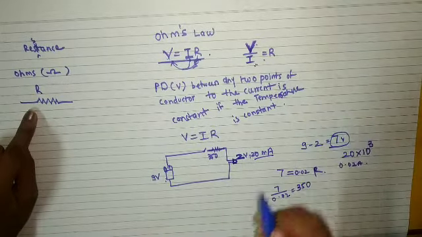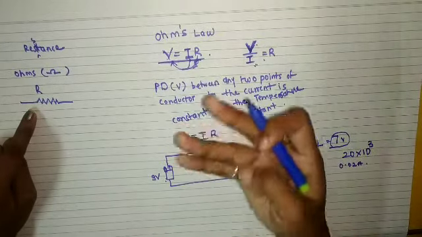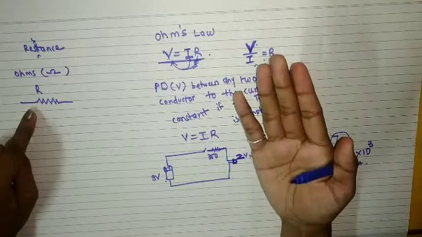Every material has resistance, whether it is a metal, conductor, semiconductor or insulator.